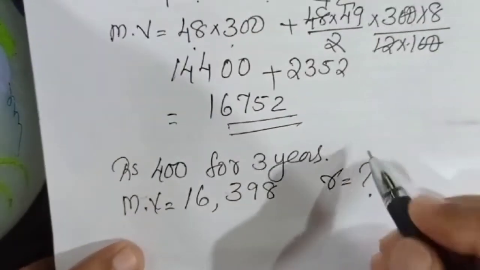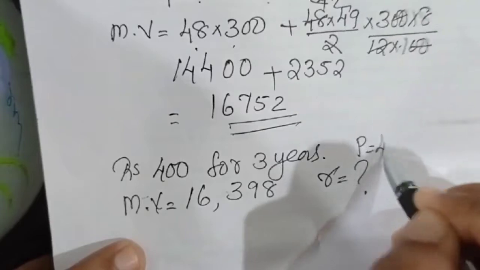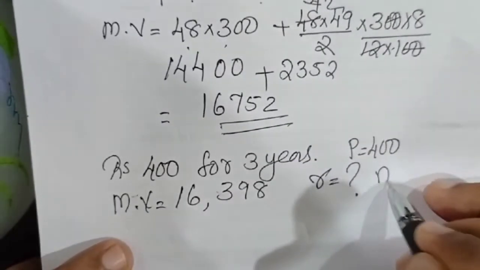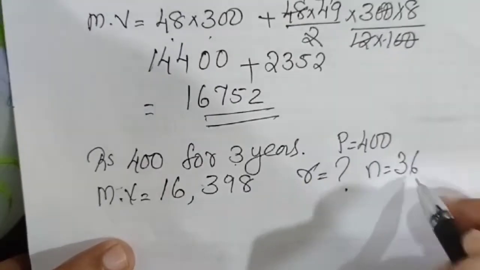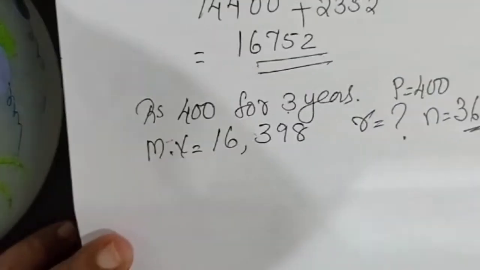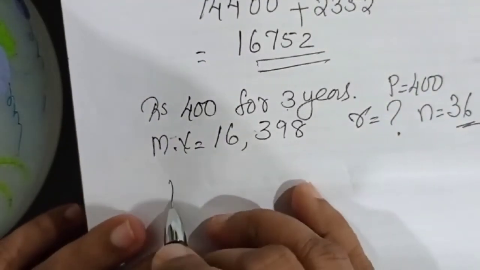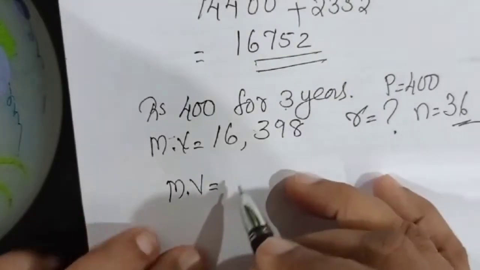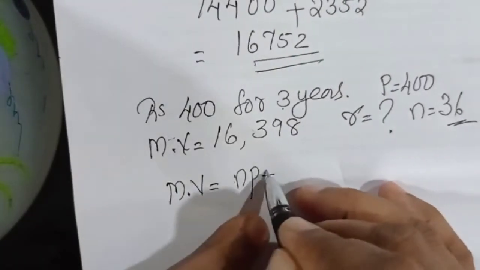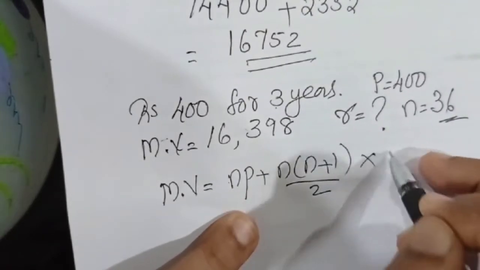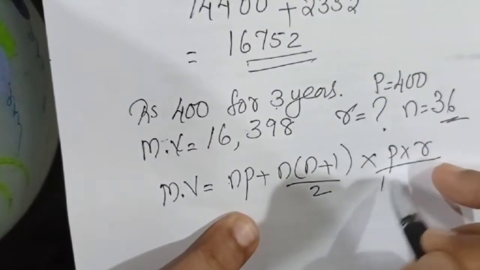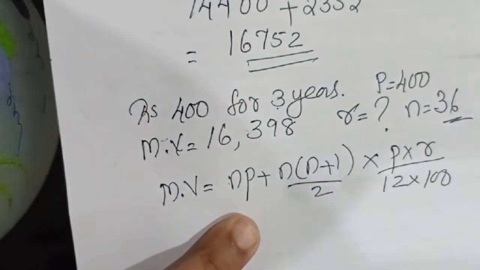What is P? Copy. P is equal to 400. For 3 years means N is equal to 12 into 3, that is 36. Here also copy the formula. Maturity value is equal to NP plus N into N plus 1 by 2 into P into R by 12 into 100. Okay.